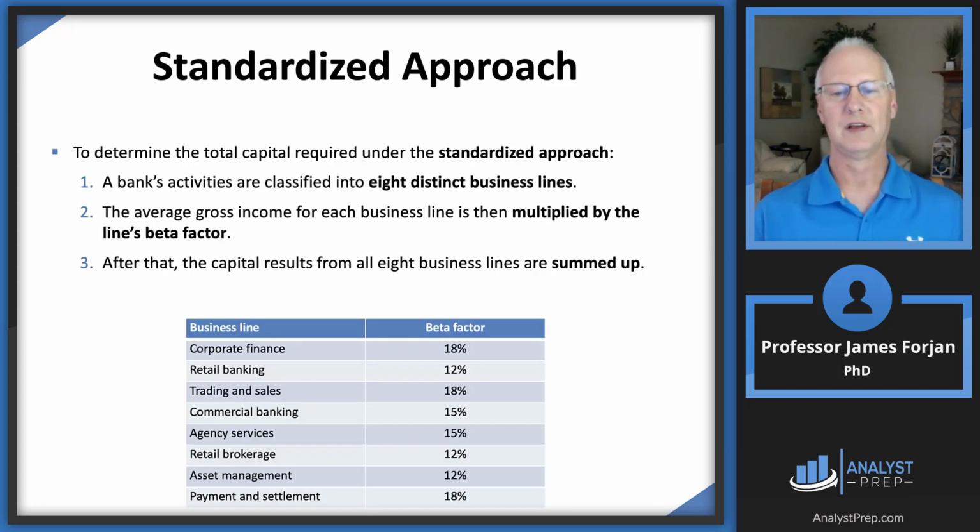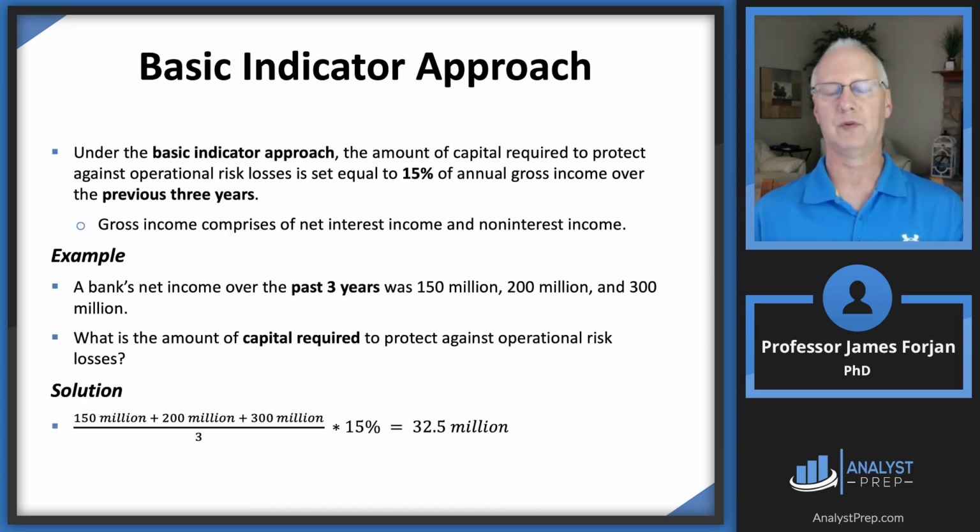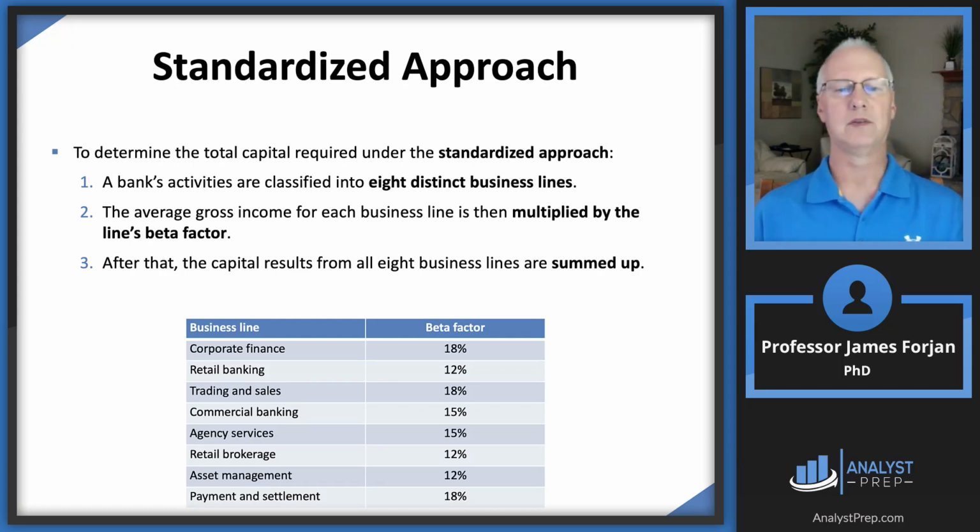I think if you do all the adding there and divide by the 8, you get somewhere around 15. So anyway, what you do is you take the gross income for each of those business lines and then multiply it by the beta factor. And then you sum those, and that gives you your capital. So back here we did this 32, and you could get 32 million out of this example here if you created the right numbers.